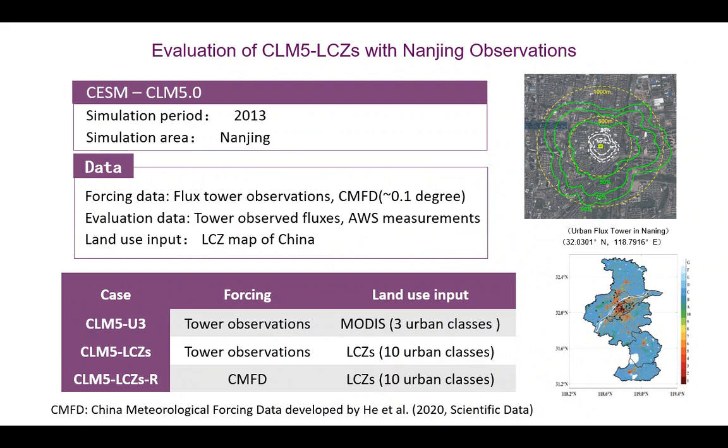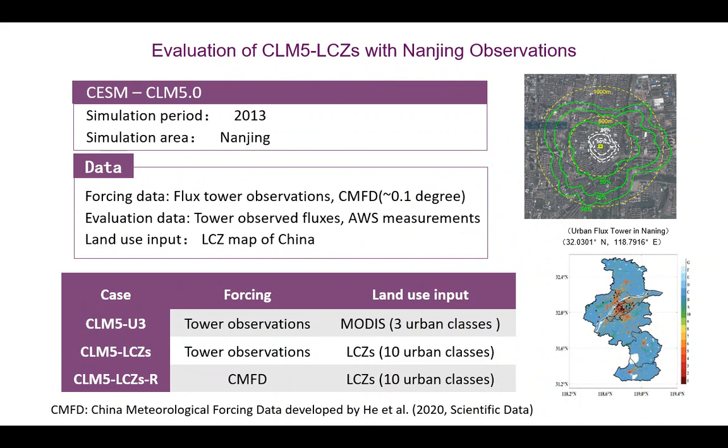Three cases are designed with different forcing data and different land use input for the urban description. The first one is forced by the tower observation and uses the default urban description in CLM. Only three urban classes are considered because in this area we don't have tall buildings. The simulation domain is about 1 kilometer by 1 kilometer, about the 90% footprint of our flux tower.